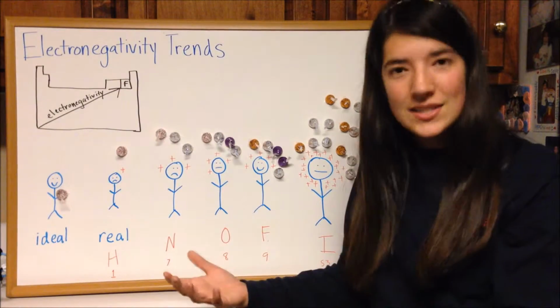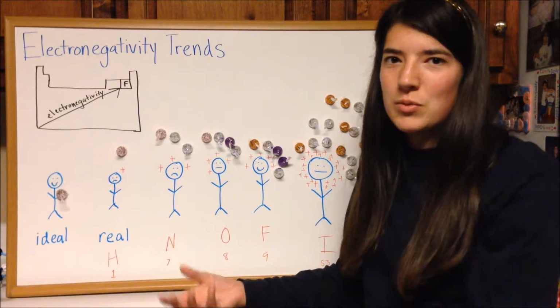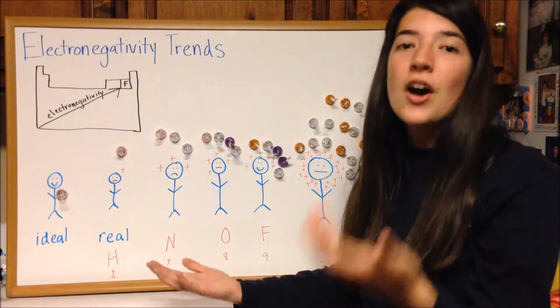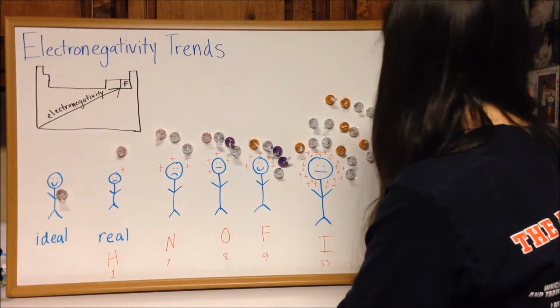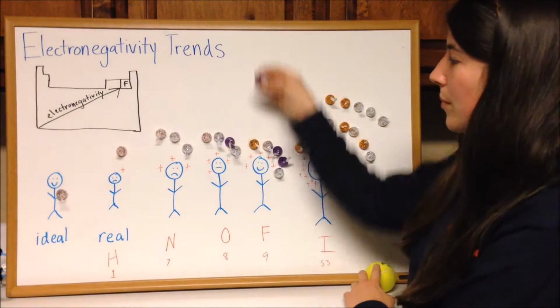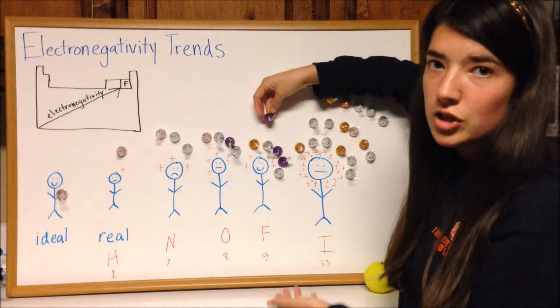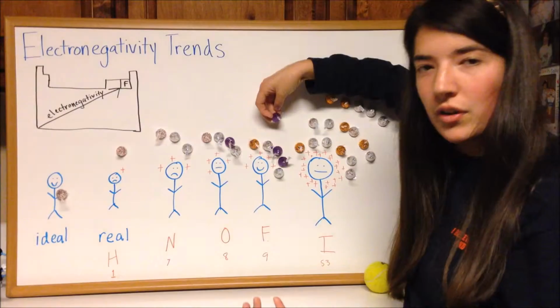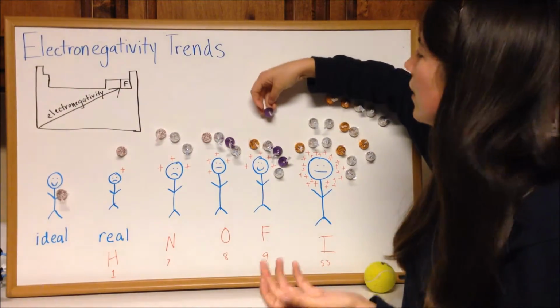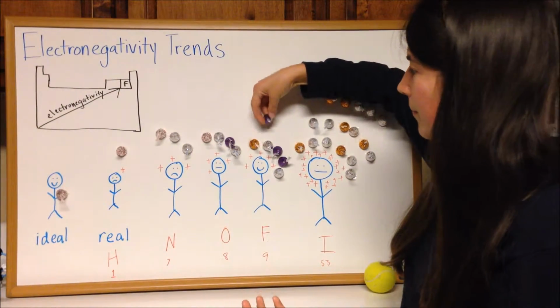Because the more dissatisfied they are, the more they're going to want to search for and attract other electrons. So if another electron from an atom were coming in, fluorine would be better able to attract it because it's hungrier for more electrons. It's more dissatisfied, so it's going to attract it better.